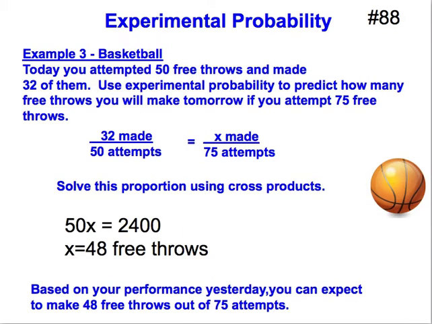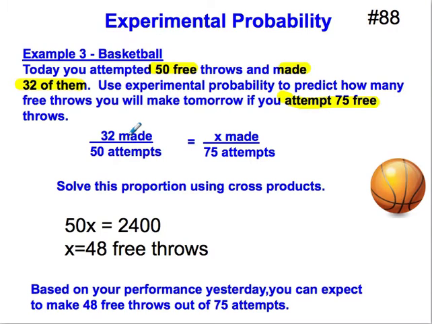Our next example shows us using cross products like we're used to. So we attempted 53 free throws today and made 32 of them. We want to predict how many free throws we'll make if we attempt 75. So we want the favorable, which is making a free throw, out of the total, which is the attempts.